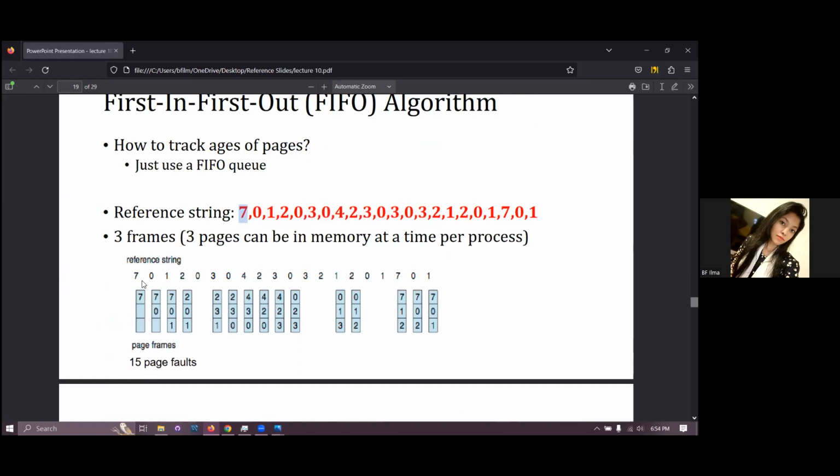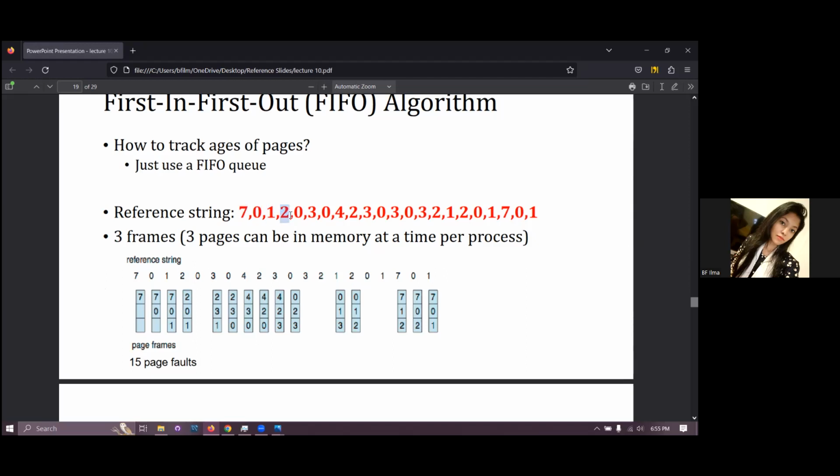Initially, since we assume that we don't have any pages available in memory, that's a page fault. We have to bring the page from disk to memory. This is the initial case where we have a free slot, so we bring the 7th page here, same for 0, same for 1.